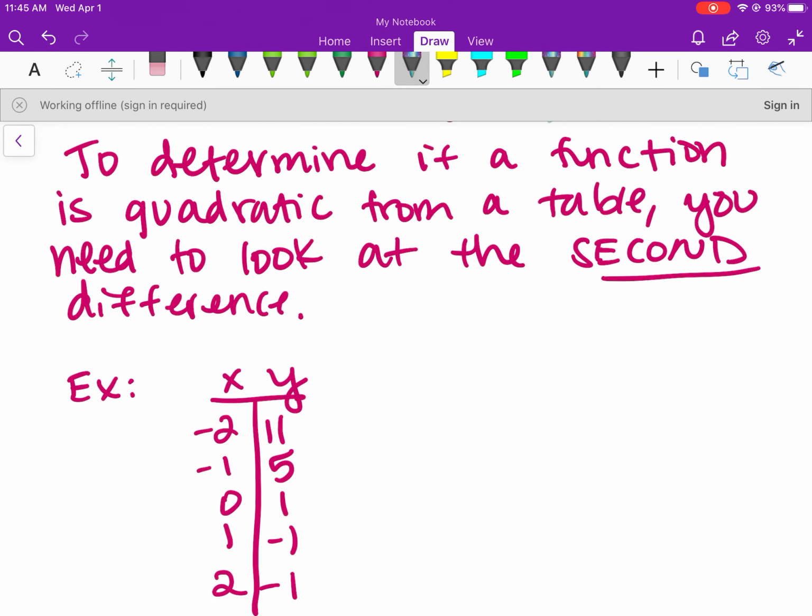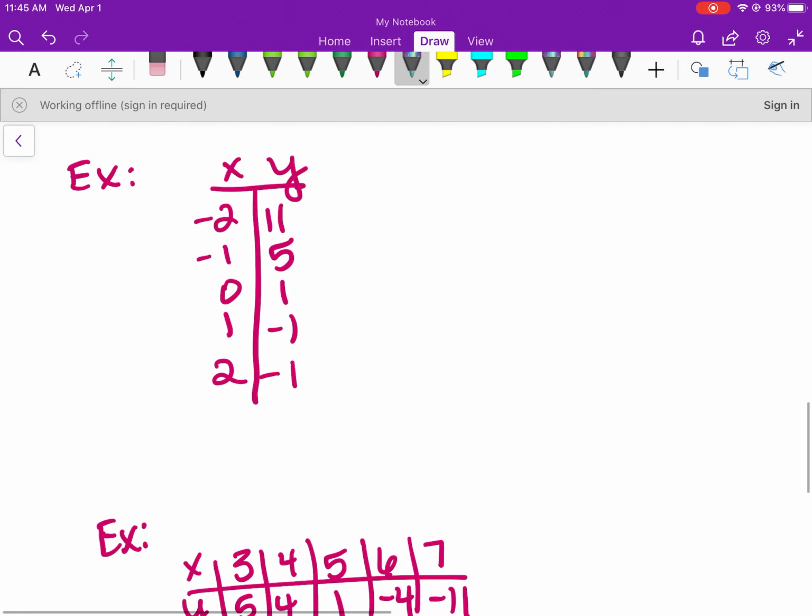Now, this is the one I really want to focus on. To determine if a function is quadratic from a table, you need to look at the second difference. Let me show you what I mean. Remember, in a linear function, the rate of change needs to be constant. We find the rate of change by finding the change in y over the change in x.